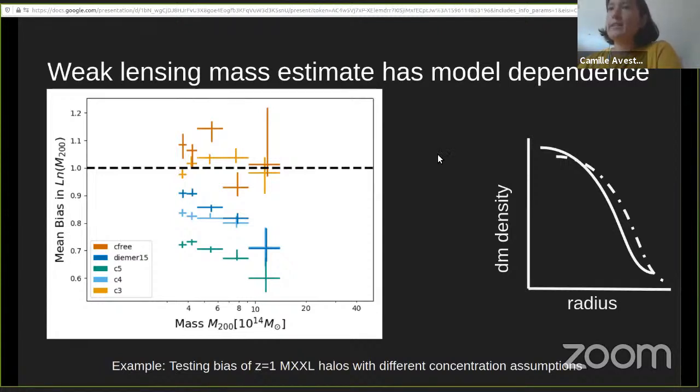Essentially what's going on there is, if you have a cartoon right here of the dark matter density as a function of radius, and then you assume a lower concentration, there's a degeneracy between that and shifting around the mass distribution, so you end up with that mean bias that's low.